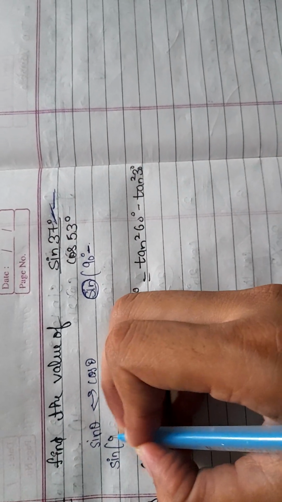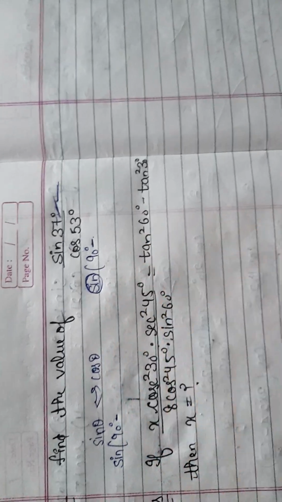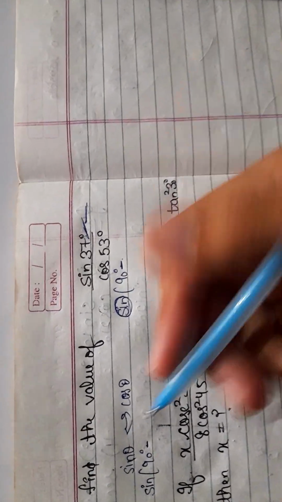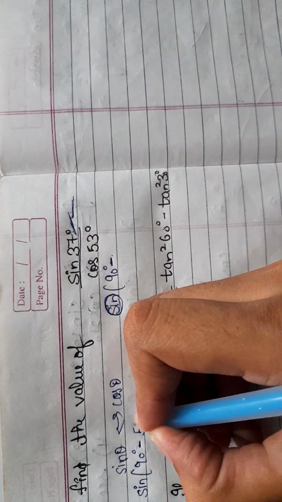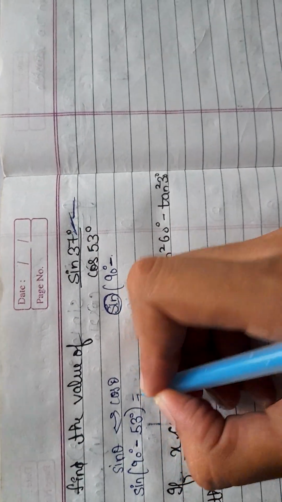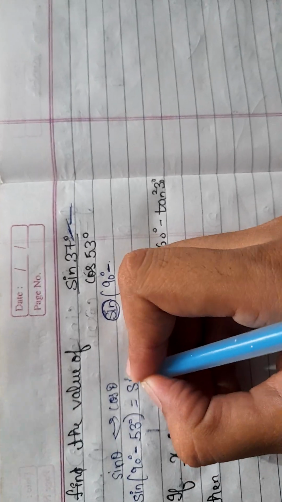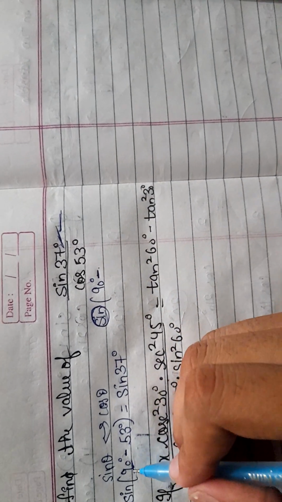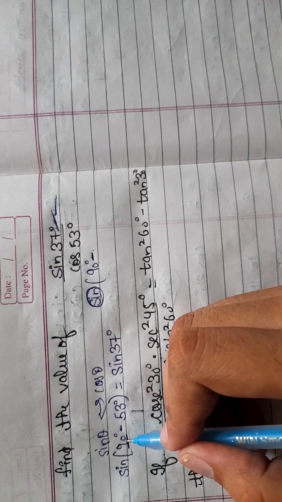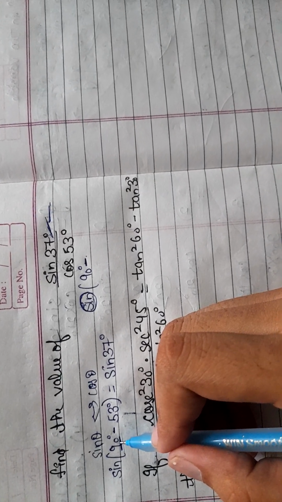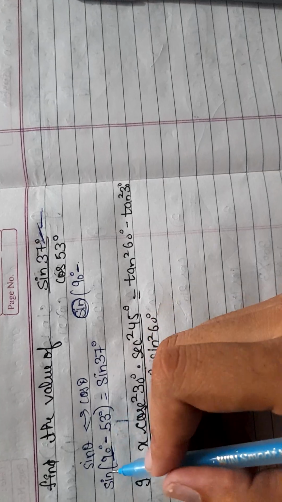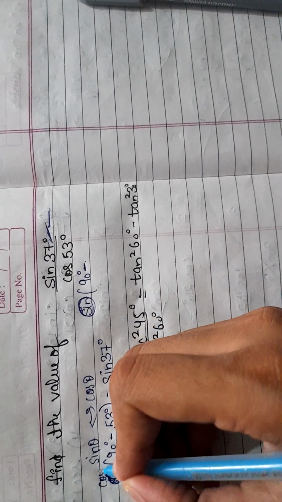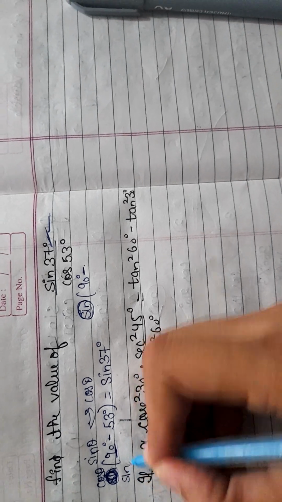Sin of 90 minus 53, we will get sin 37, but see, here is 90, as it goes in the first quadrant by minusing, so change of sign means we need to have cos here, or if here is sin, here will be cos.